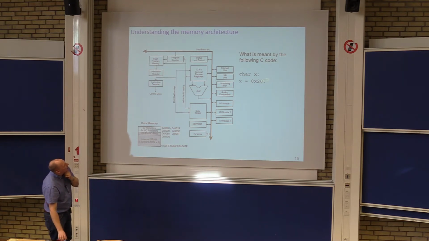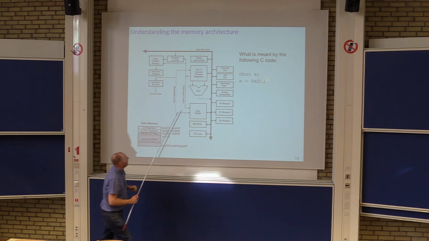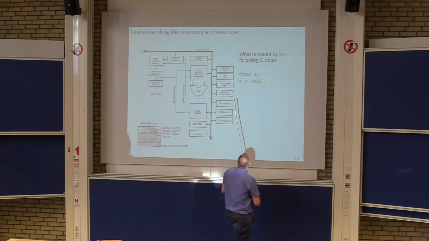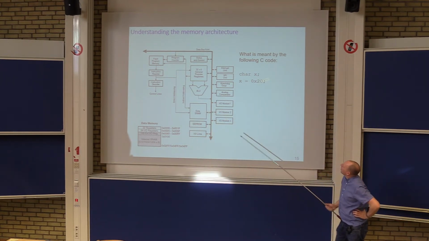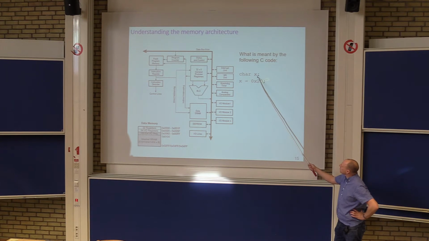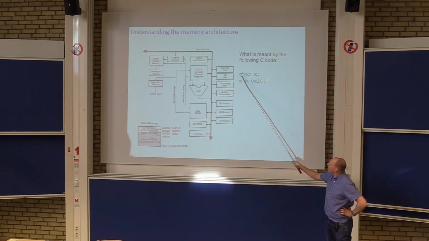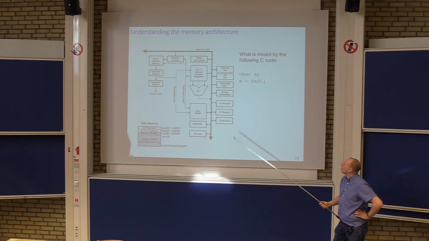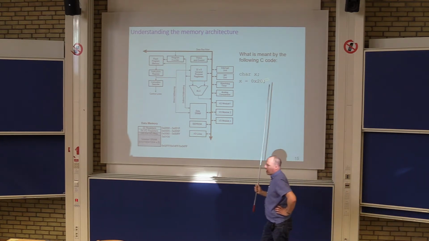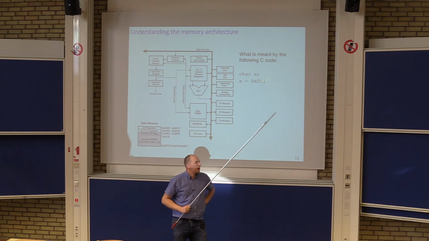I think we can start with some C code here. This will be new to some of you. What we do here is declare a variable, x, and here we define its type. There are different types, and we will come back to that next week.